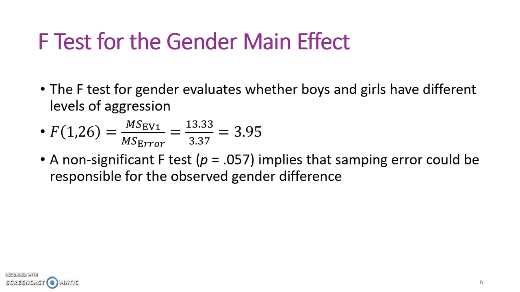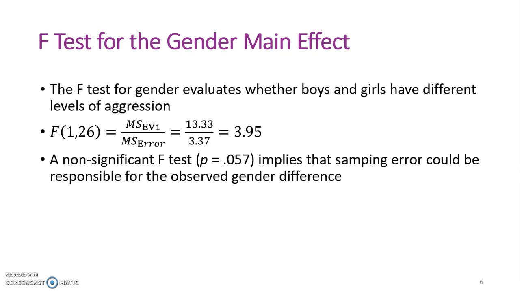So the F-test for gender is evaluating whether boys and girls have different levels of aggression, because we've only got two groups. When we calculate this F-test, we use the mean square for the predictor, divided by the mean square error, and that gives us an F statistic of 3.95. And this is a non-significant F-test.